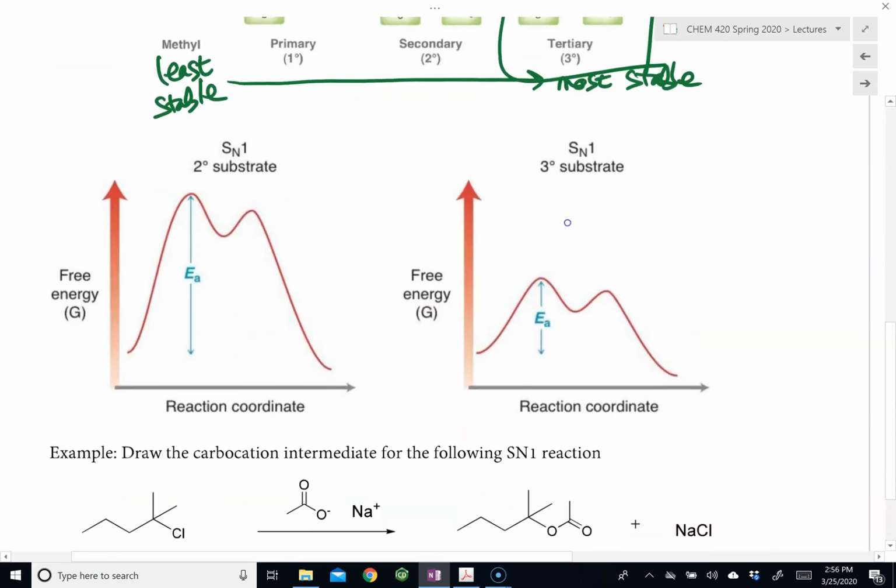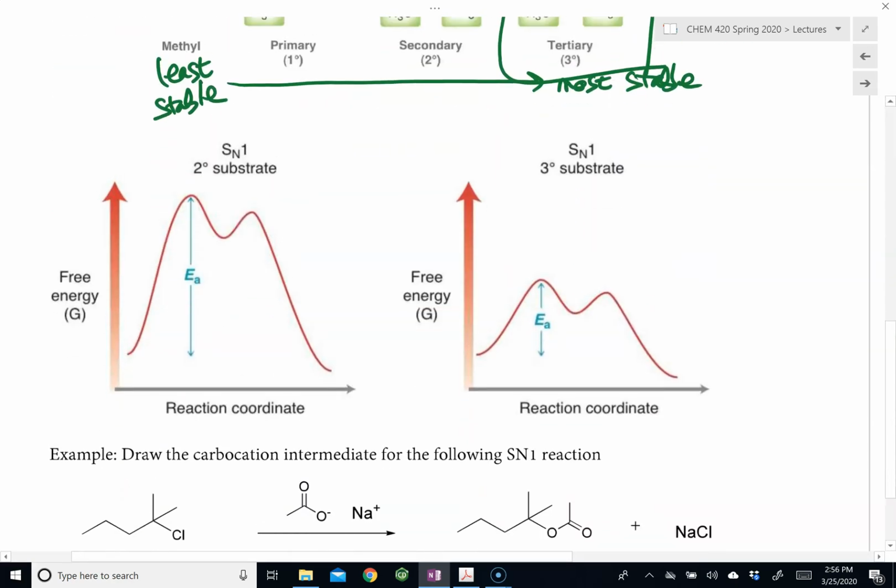And here is an energy diagram to actually explain that. If we are comparing the SN1 reaction rate between a secondary substrate versus a tertiary substrate, in the case of the tertiary substrate, the activation energy here is lower compared to the higher activation energy that we see here in the secondary substrate.